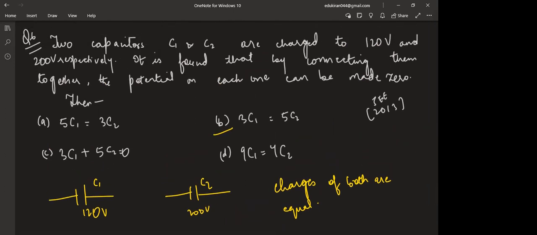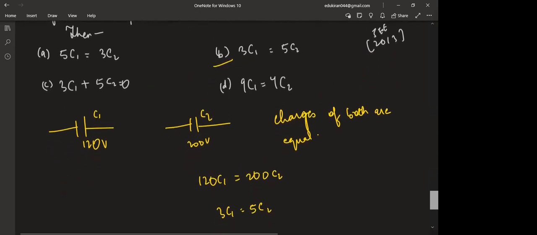So two capacitors are charged to 120 and 200 respectively. It is found that by connecting them together, potential on each one can be made zero. Yes, that will be the common potential. So by using that, you're getting a different answer? What is the answer that you're getting?